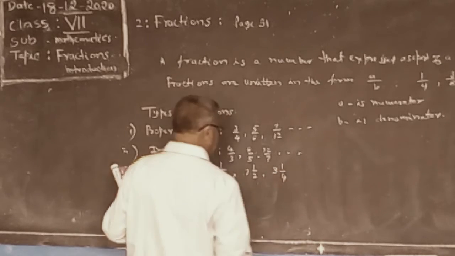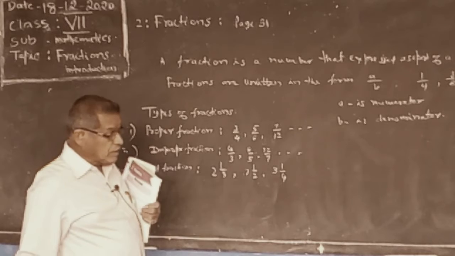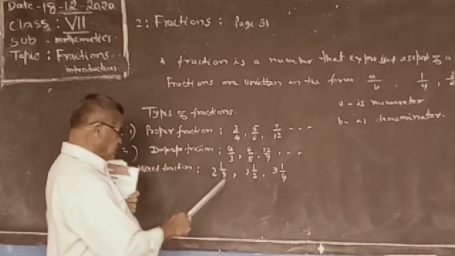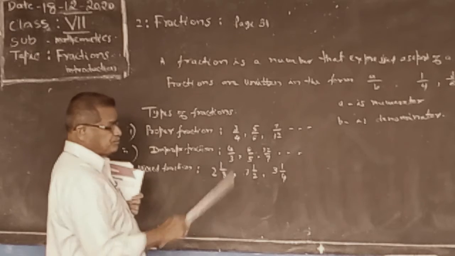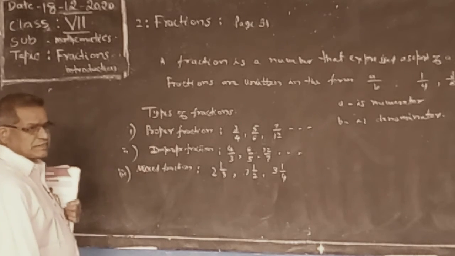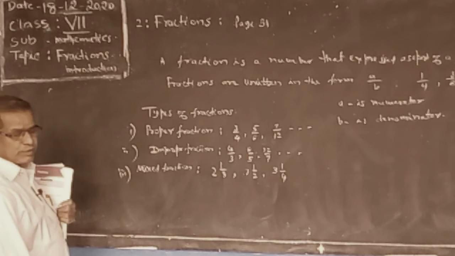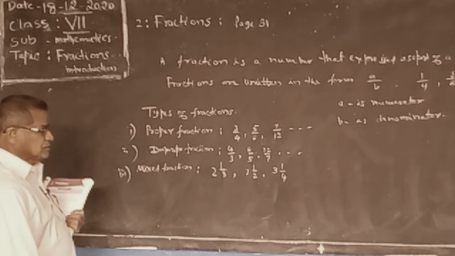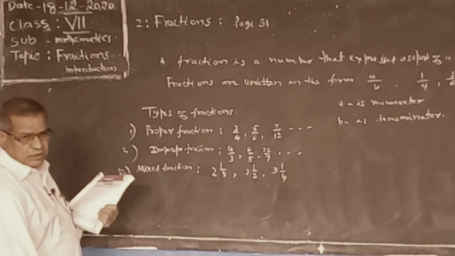Here 2, 7, 3 are whole numbers, and this is the proper fraction. It is a mixture of two numbers. One is a whole number and the other is a proper fraction. The sum of these two is a mixed fraction.